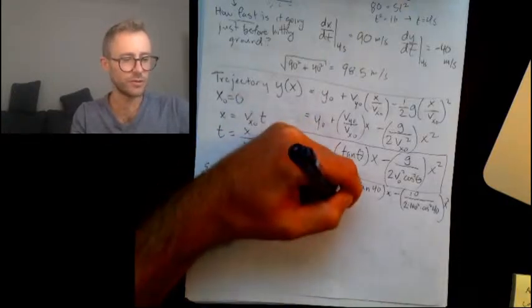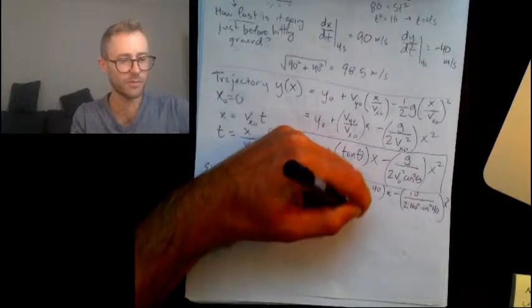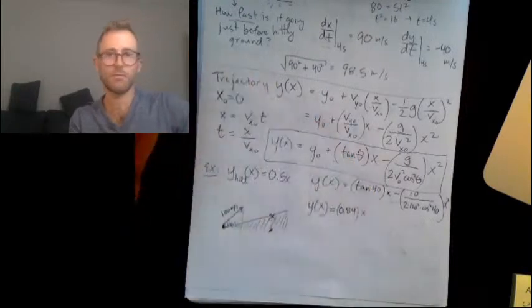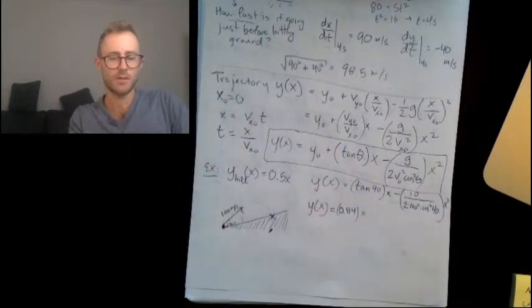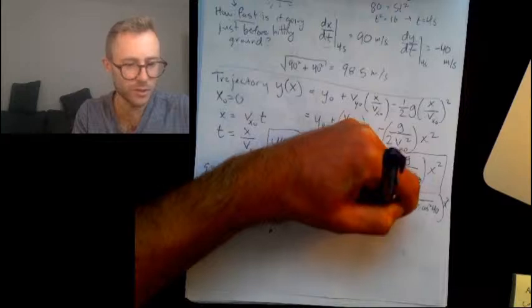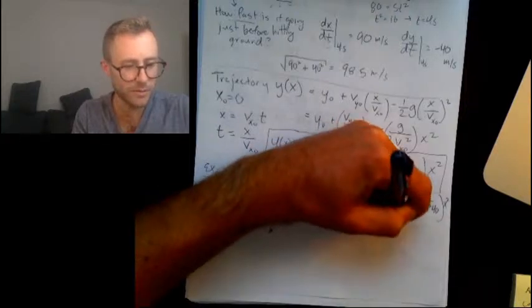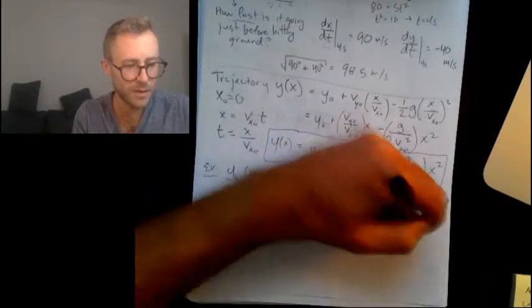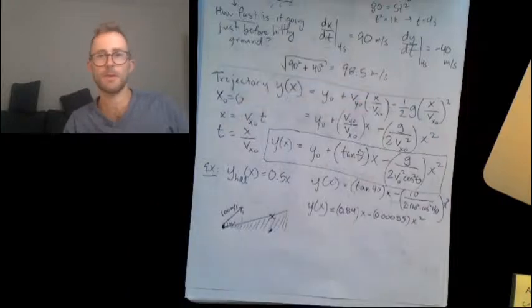So this is 0.84x. Okay. 10 over 2 squared over cosine of 40. So we have minus 0.00085 x squared.